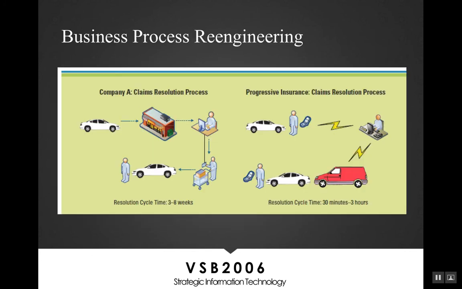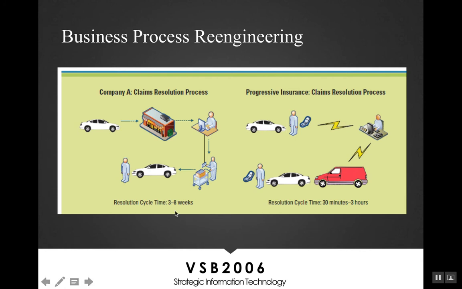Business process reengineering, restructuring, reorganizing, and debottlenecking these things can have some pretty significant impacts. An example we use is claims resolution for auto insurance. With a lot of manual, very paper-oriented systems traditionally, it can take anywhere from 3 to 8 weeks.